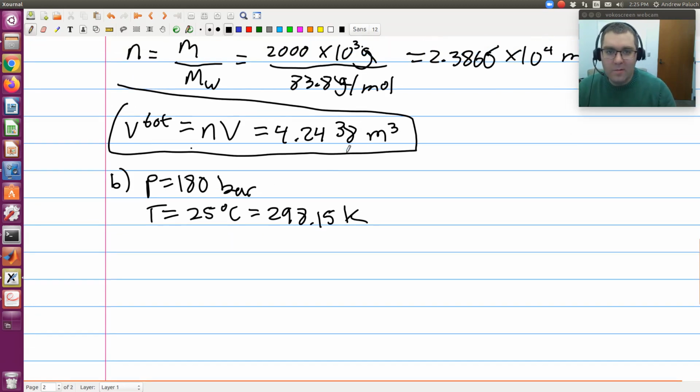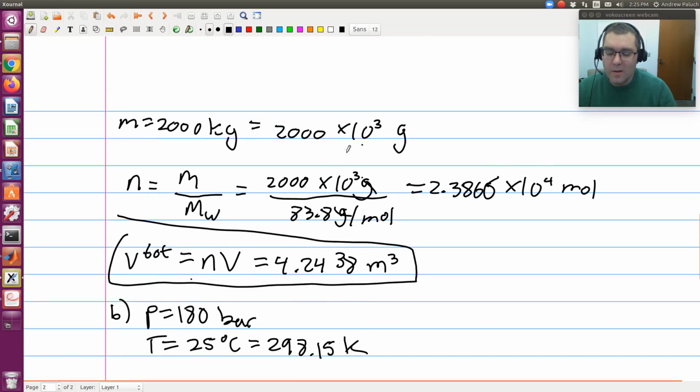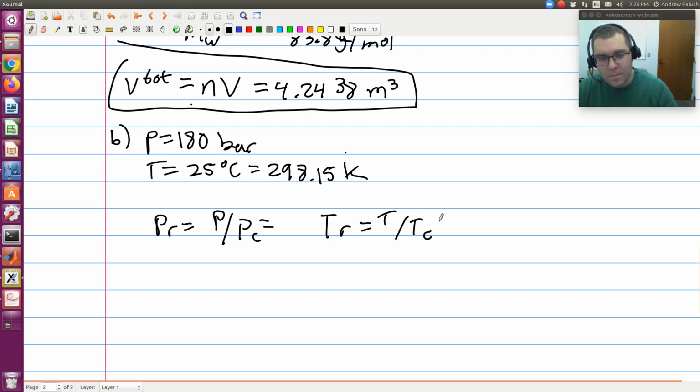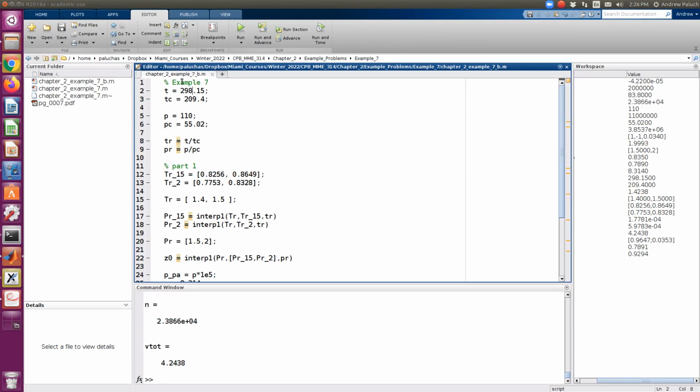So we still have TC, PC, and omega up there. If I calculate my coordinates, my reduced pressure is P divided by PC, and my reduced temperature is T divided by TC. I'm just going to go through this piece by piece.